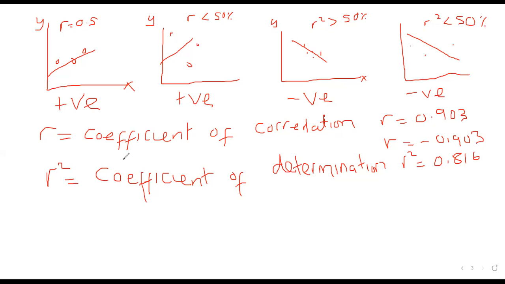So what we use is called the coefficient of determination. And the regression equation is given by y is equal to a plus bx, where a is called the y-intercept and the b is called the slope.